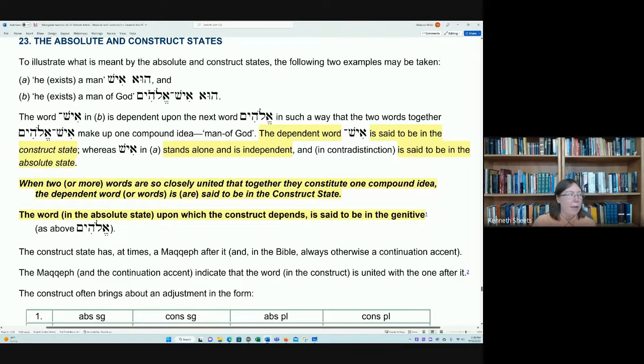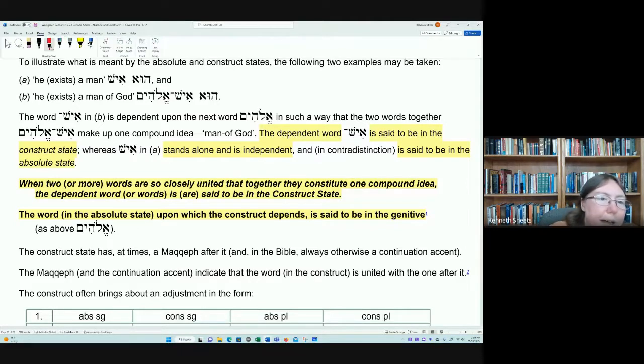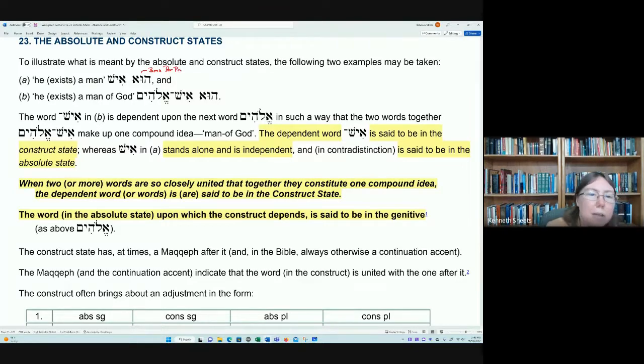So notice here we have the text hu ish. Now, hu is in fact a third person masculine singular personal pronoun. In other words, he.